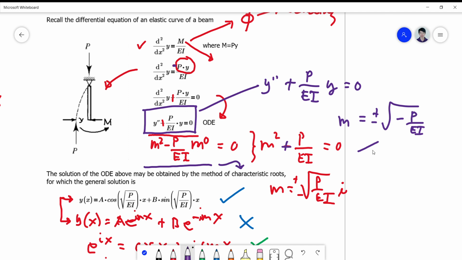So this is equivalent to plus or minus, so this is a negative 1, and the square root of negative 1 is i, so this becomes now i multiplied by the square root of P over EI. Or we can simply write it like this. It's just the same.